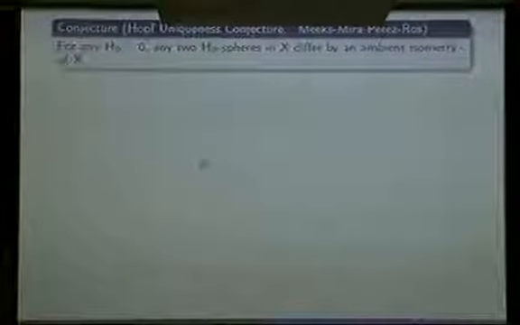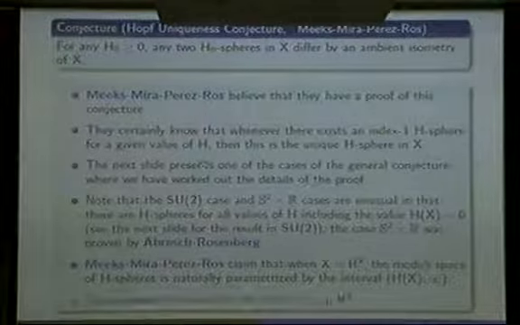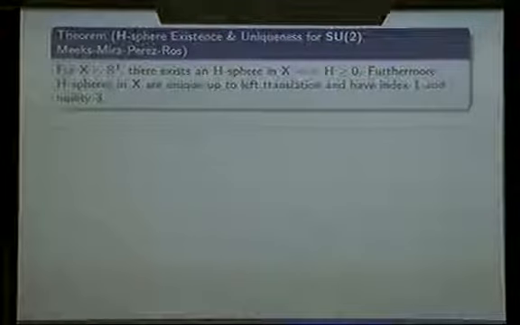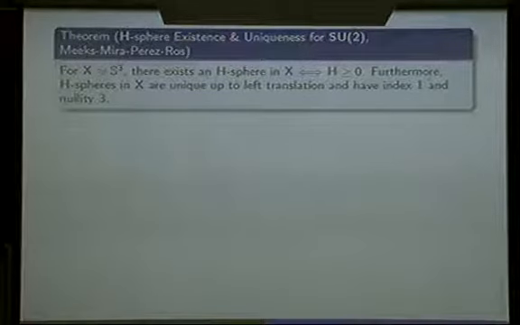And then there's a discussion about conjectures. In particular, I give a proof of the Hopf uniqueness and existence for constant curvature spheres in SU(2) with respect to any left-invariant metric. Anyway, there are lots of interesting conjectures, and I'm not going to have time to talk about them. So I think that's probably it for now.